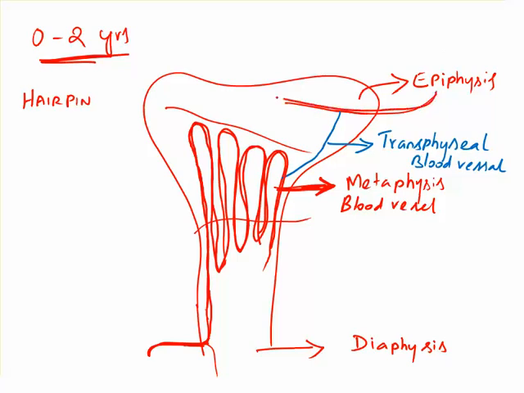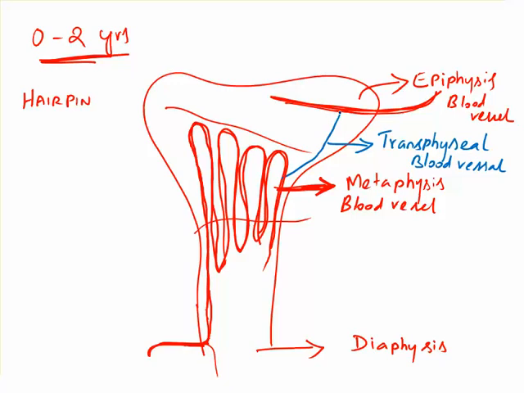There is a separate blood supply for epiphysis, that is called epiphyseal blood vessel. You all understand? Now if the individual is around 0 to 2 years of age, then there is a connection. What is that connection?